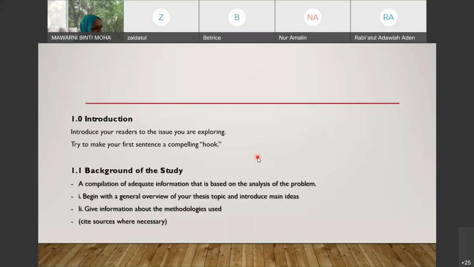For example, let's say, you know, this is quite a common statement. You start with a sentence like, Malaysia has been labeled as the country with the highest obesity problem in Southeast Asia. It's a big thing, isn't it? Is it true? We would like to know. So there goes your next sentence. That's the reason. How is it connected with your research?